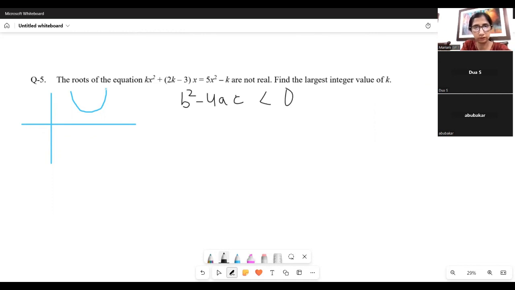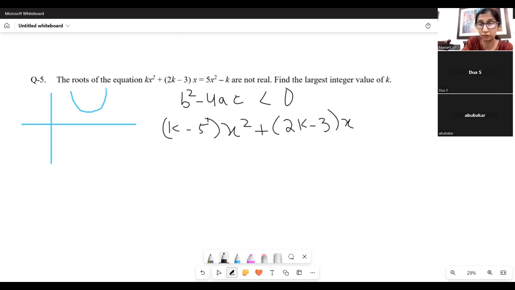We need to extract the discriminant. So for that, we need to completely expand this. I'm going to bring 5 to the other side. So the coefficient of x square becomes k minus 5 x square. Coefficient of x is compact already, 2k minus 3 x. No expansion was needed. And plus k equals 0.